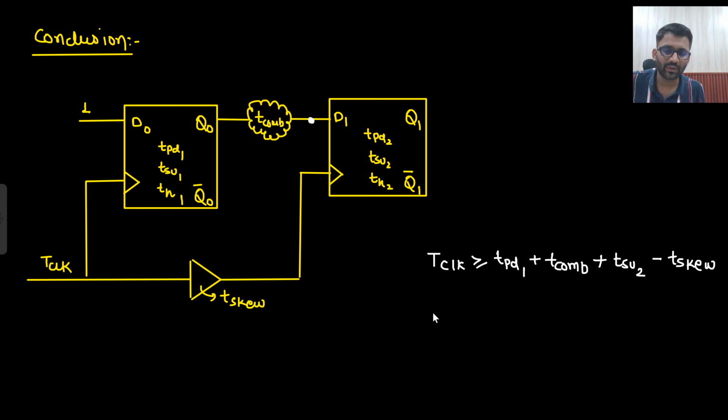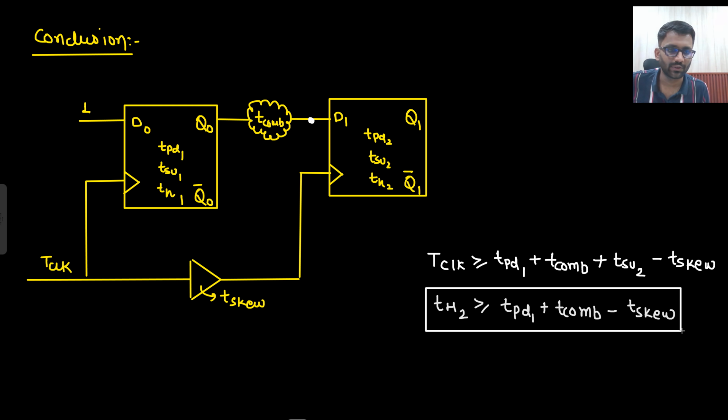Now, what will be your TH2? Your TH2 should be greater than or equal to TPD1 plus T combination. I just told you one thing, that this will never come in TH2. That's it. Minus T skew. Okay. This is for TH2 and this is for T clock.